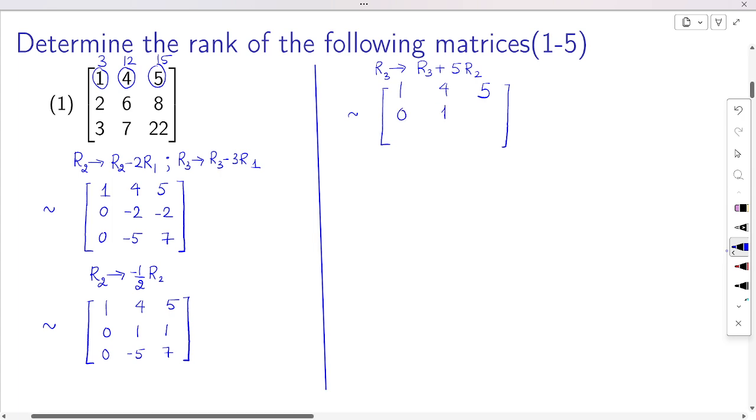0, 1, 1 and 0, 0, 12. So after dividing row 3 by 12, we get this matrix.